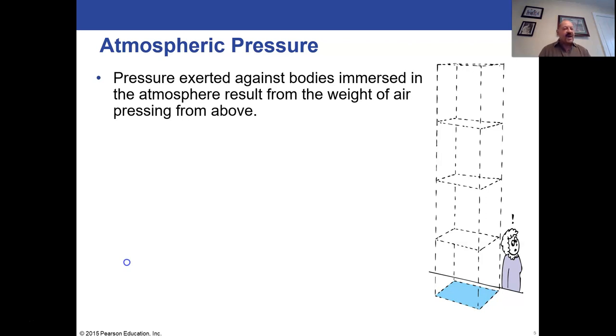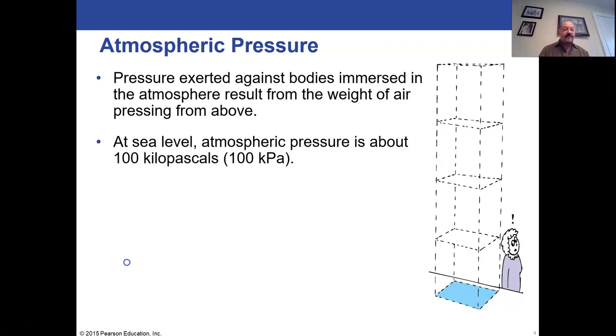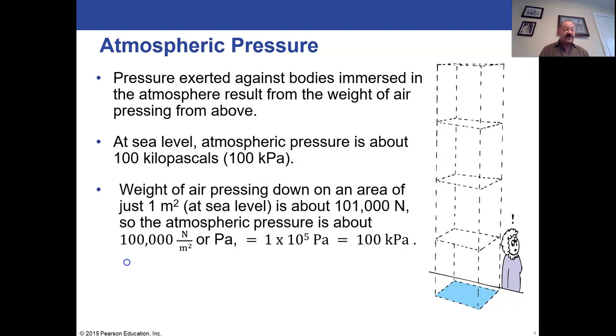Now, the weight of air might very well surprise you. It surprised me when I started doing calculations on it. The pressure is exerted against everything on Earth. You feel that pressure due to the weight of the air on top. If you made a square on the ground that was 1 meter by 1 meter, and you asked how much weight is sitting on top of that square, it turns out the amount of weight is about 101,000 newtons.